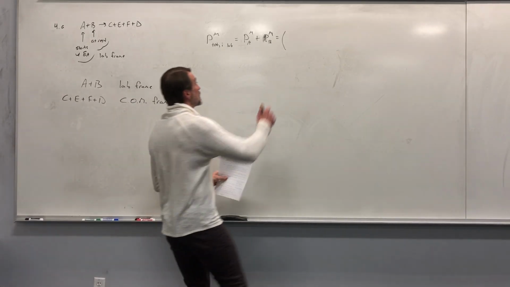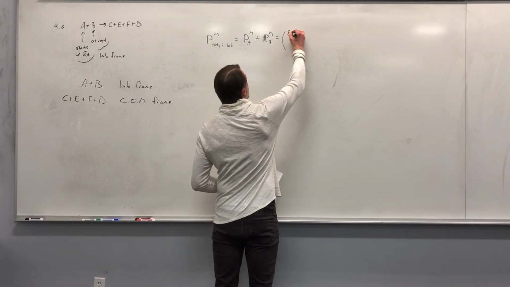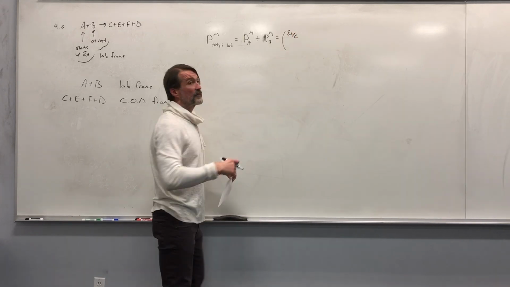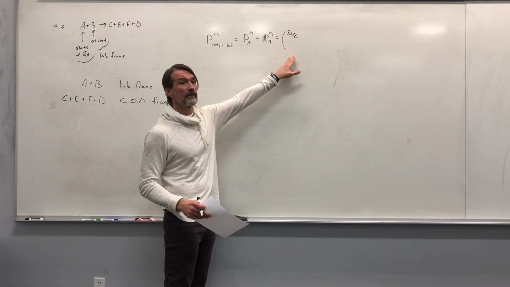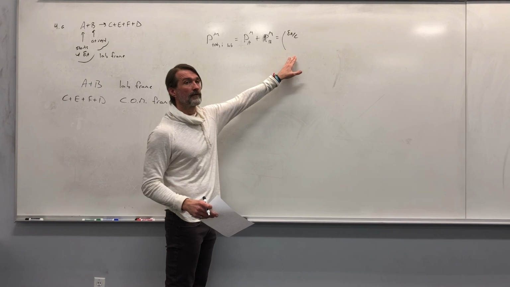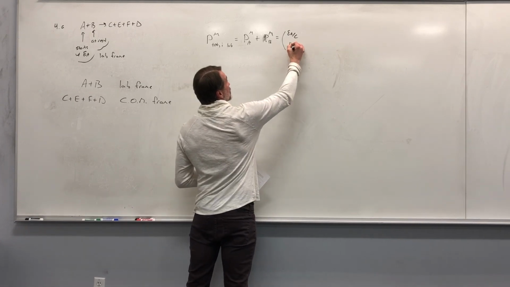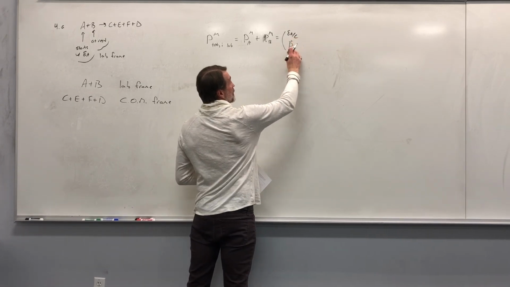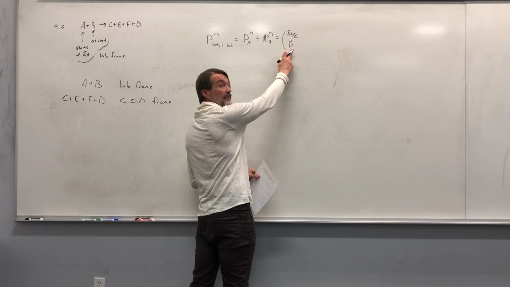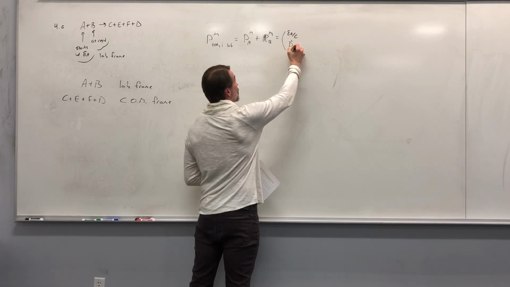So this would be E_A over c, and then what are the spatial components? They're the three spatial components of the relativistic momentum, so we would call this p_A.